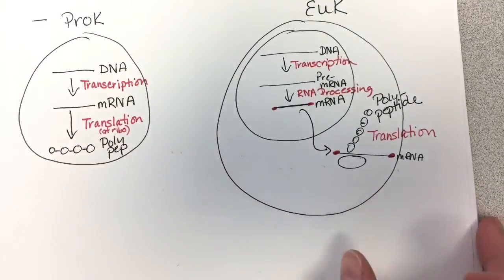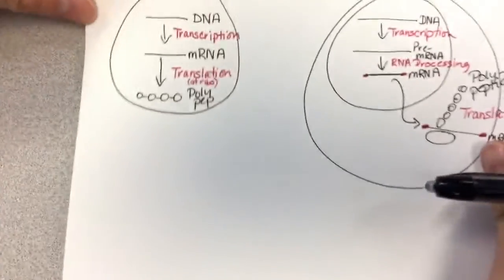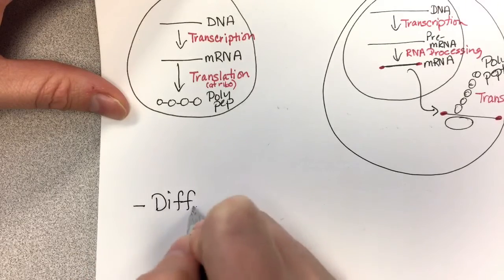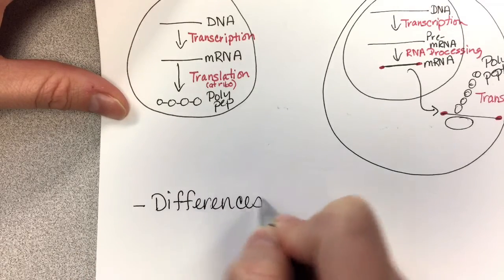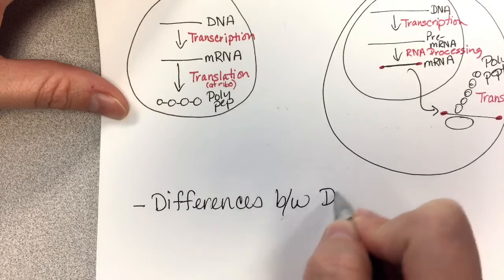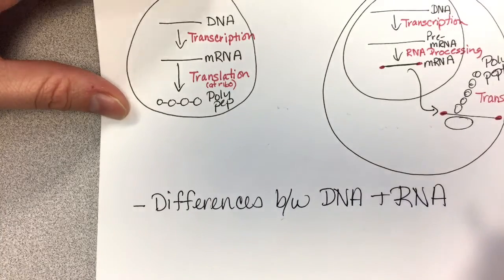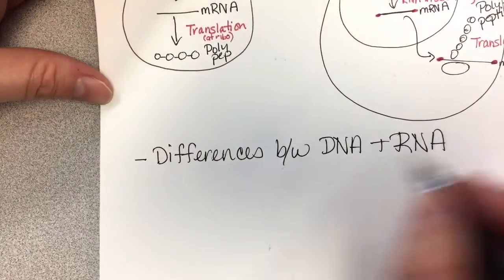For this chapter, also in the review part of it, you should look at the differences between DNA and RNA. So how is DNA different than RNA? The bases.